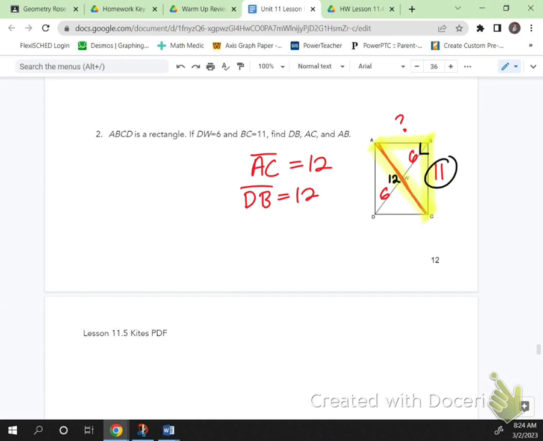One of the legs is 11. Here we go. Pythag theorem. It keeps coming back. So you're solving for that leg A. We can solve for that one.